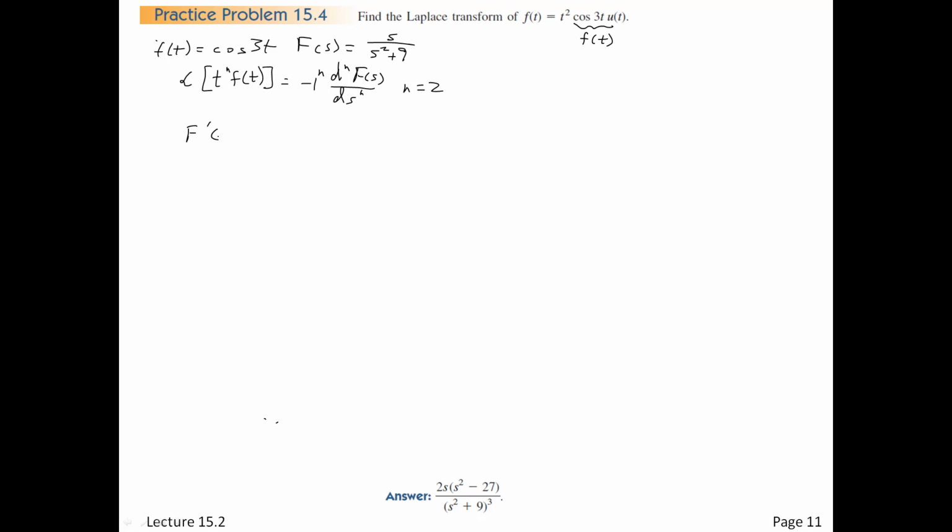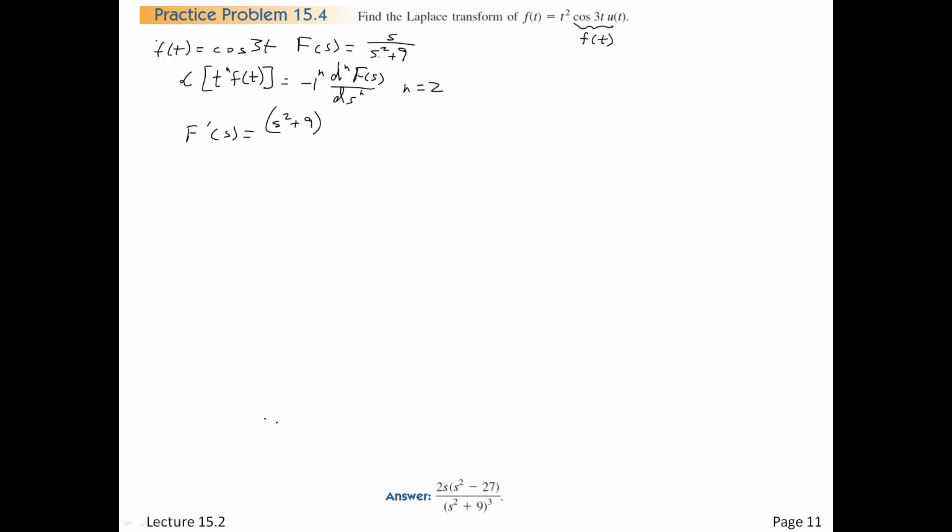So the first derivative of s over s squared plus 9 is what? The bottom times the derivative of the top. We've got the bottom here, so that's s squared plus 9 times the derivative of the top.